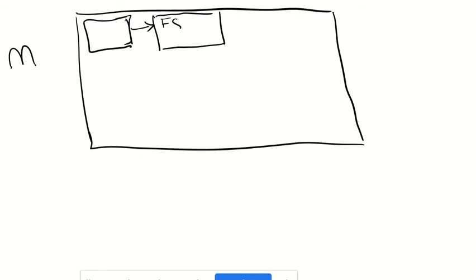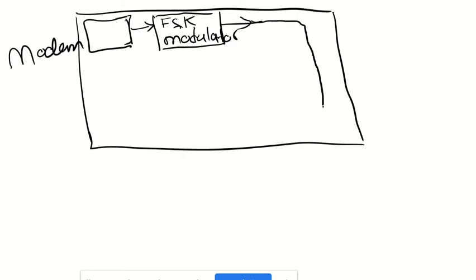This is my modem. That goes into the FSK modulator. Okay, so what comes out goes out. So that's your signal.